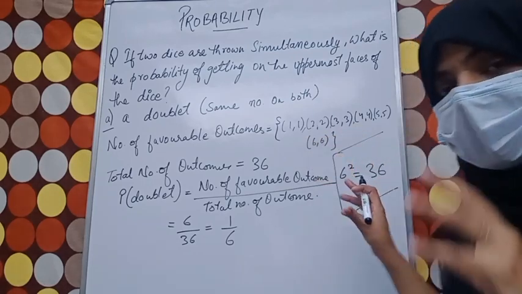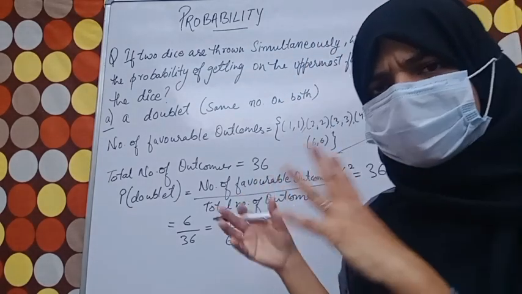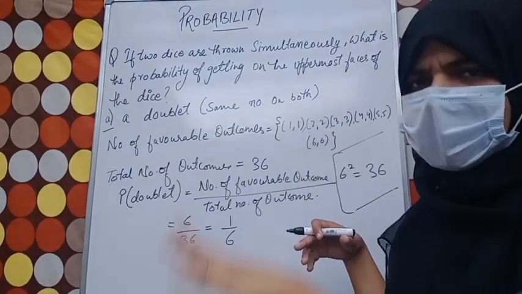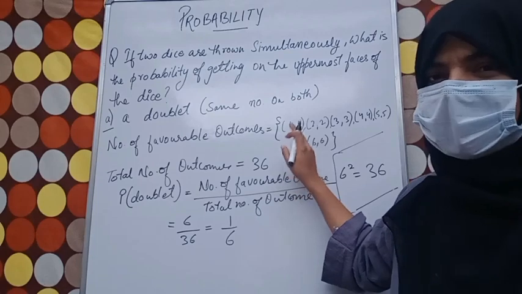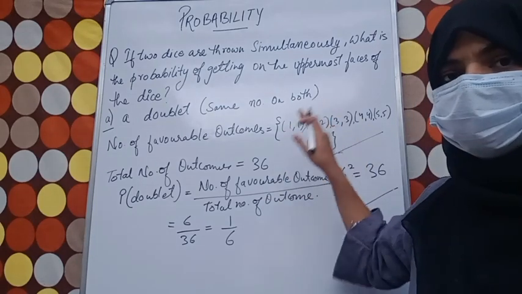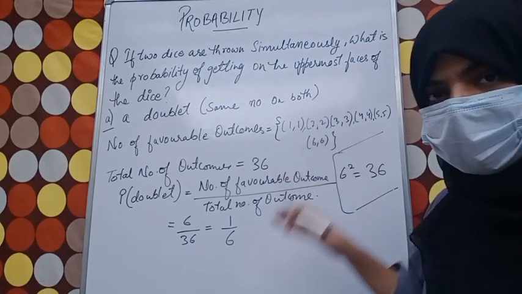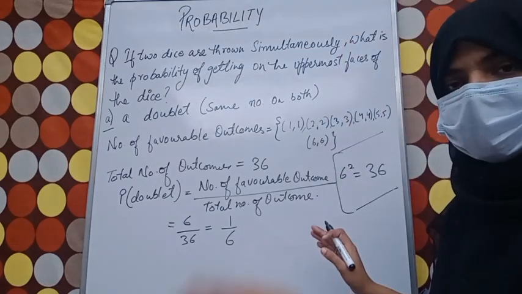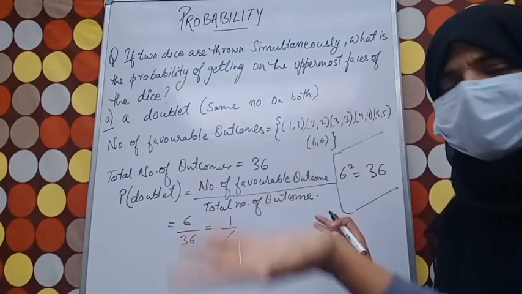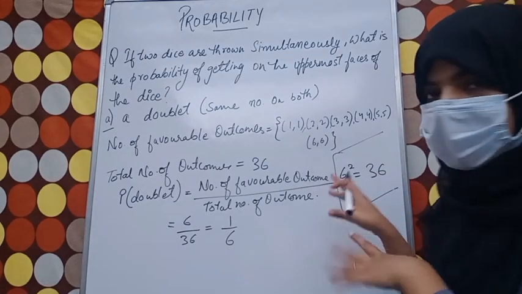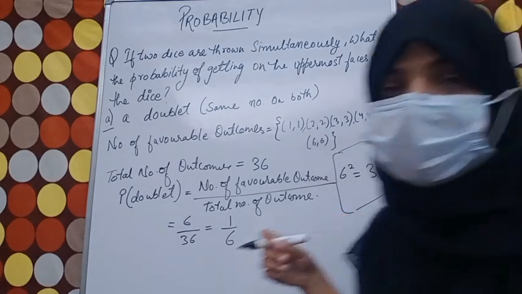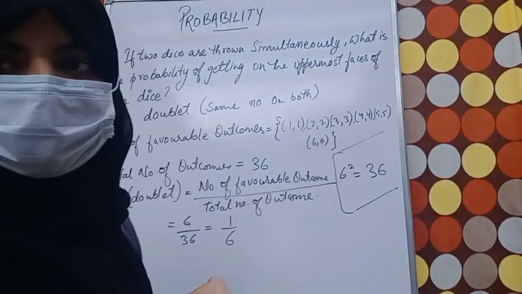I haven't written all 36 outcomes because there is no use, it will become very large. Like we have gone for 1, so we can go 1,1, 1,2, 1,3, 1,4, 1,5, 1,6. Then we will start for the second dice, and it can go on similarly. So I hope you got my point. Part 1 is complete.